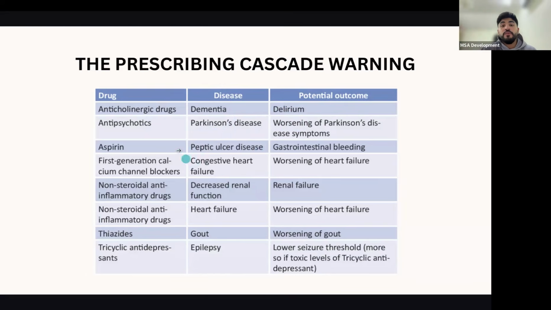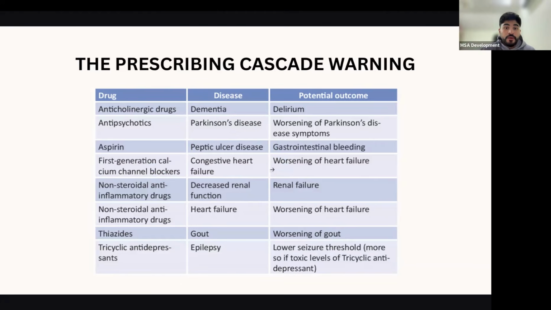And same goes, if you give a patient aspirin and they have peptic ulcer disease, you're going to cause bleeding. Patient could die. If you give a patient who has congestive heart failure a calcium channel blocker, you're worsening their heart failure symptoms. They're going to come to you again with severe dyspnea, shortness of breath, dizziness.